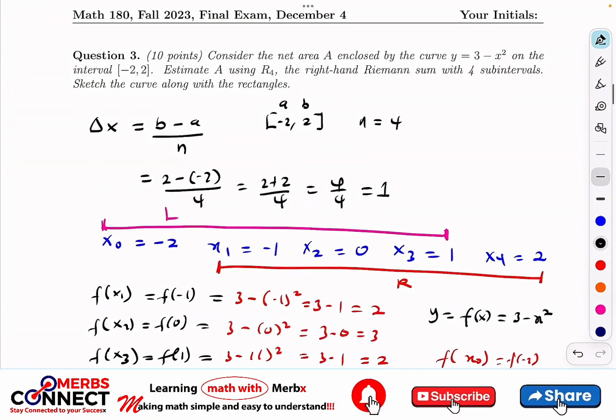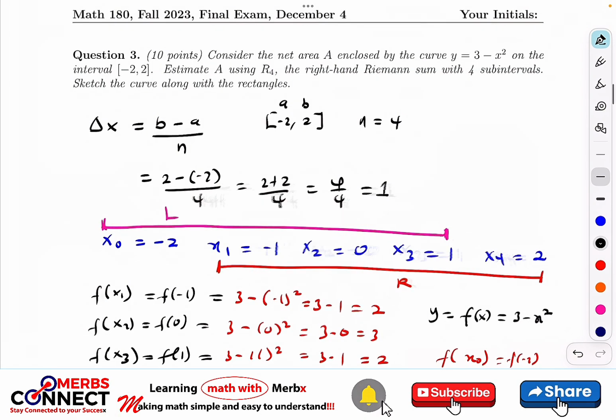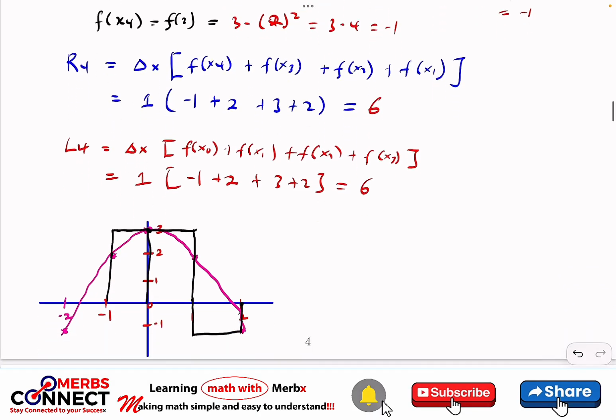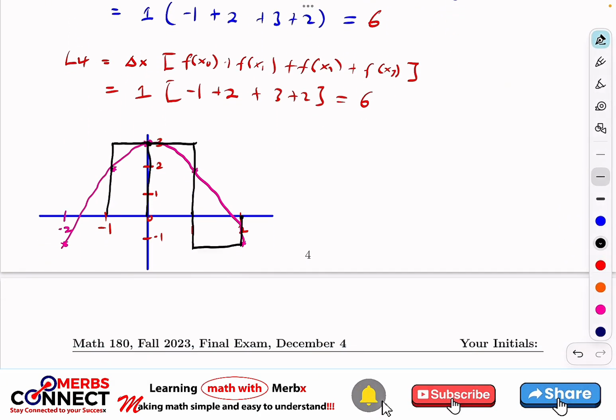So the question says sketch the graph along with the, okay, the question did not ask us to sketch the left or the right. So it means that we need to finish it up. So let's finish it up by including the height for minus 2. So minus 2 is minus 1. So we are going to have minus 1 here.